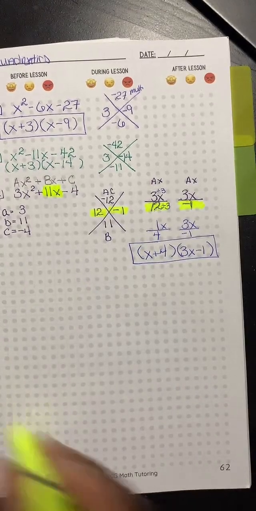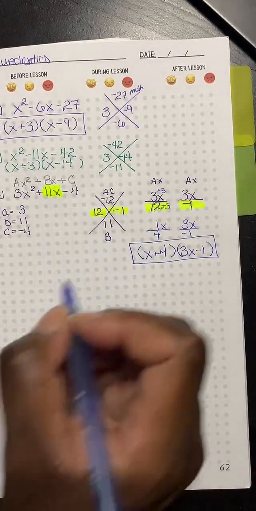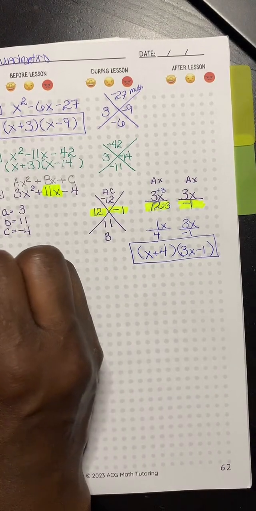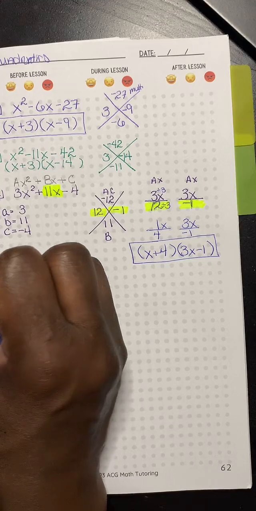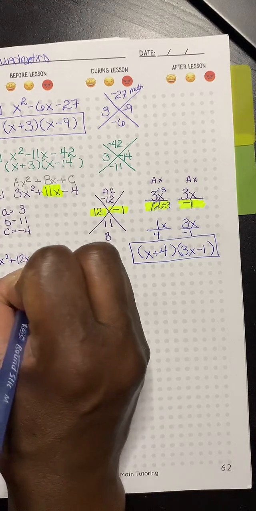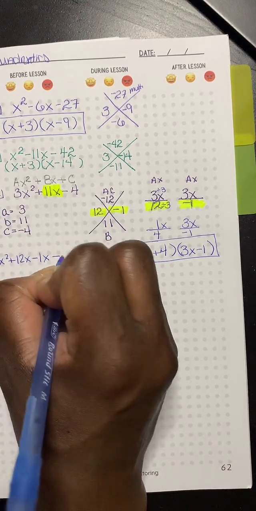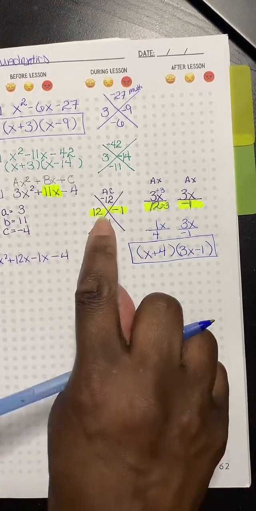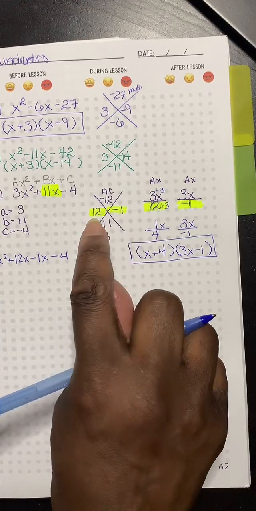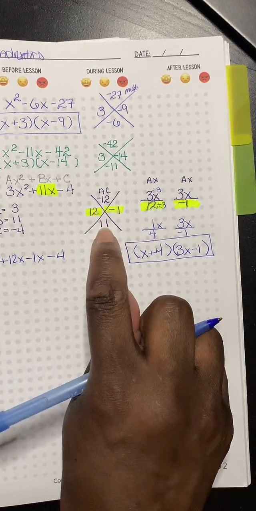So I'm giving you a choice on how to solve it. If I replace it with the 11, it's going to look like this: 3x squared plus 12x minus 1x minus 4. So I replaced the 11x with the factors that we got from the -12 and the 11.